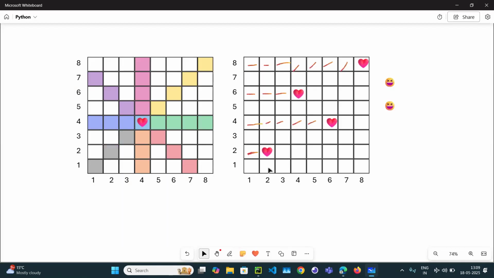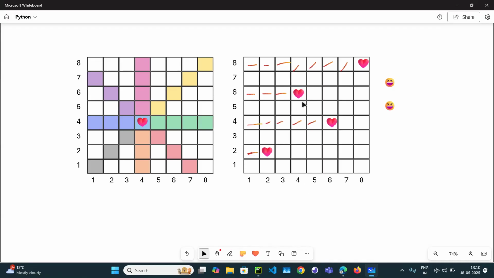So if the queen exists in the second column, then on the left-hand side it will be 1, because 2 minus 1 is 1.